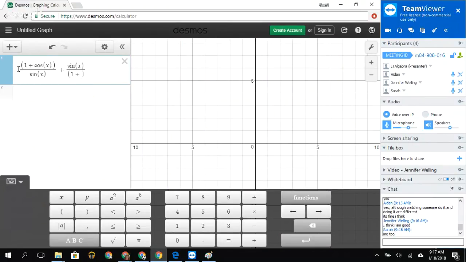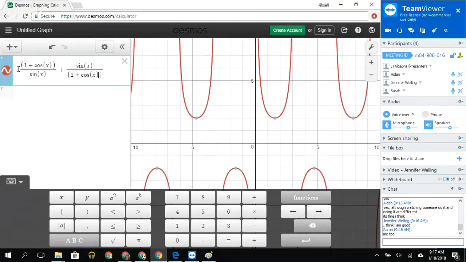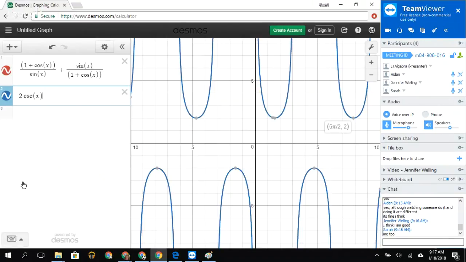So all I'm doing here is attempting to correctly graph my function. It helps if you write it correctly, right? So 1 plus the sine of theta, and that equals 2 times the cosecant of theta. All right, so when they say check it, just check it on your own. You don't need to write that all out for me.